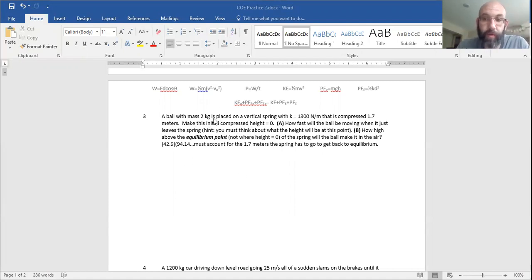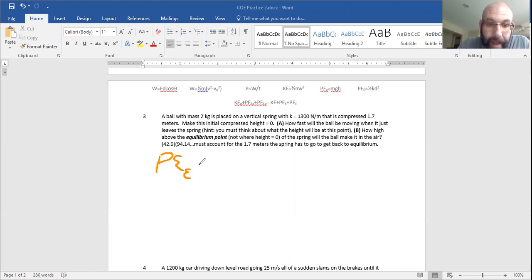So this is going to be a conservation of energy problem, so that's this big equation down here. But we're going to be able to shrink it a lot as we talk this through. Initially, the ball is at rest, so there's no kinetic energy initially. And since we're going to make that initial height 0, there's no potential energy due to gravity. So all the energy in the beginning is potential energy due to elasticity.